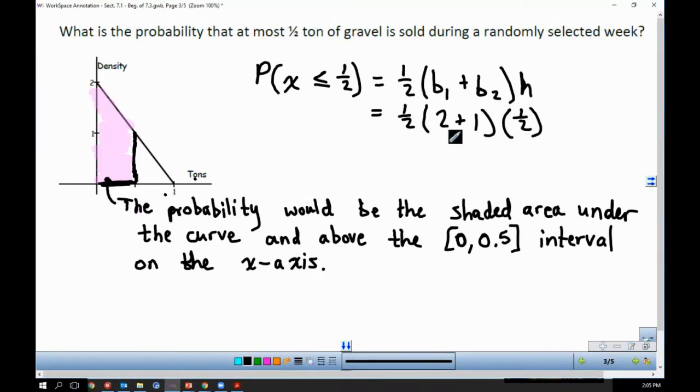So what would the probability be here then? 3/4, that's right. So the probability that x is less than or equal to 1/2 equals 3/4.